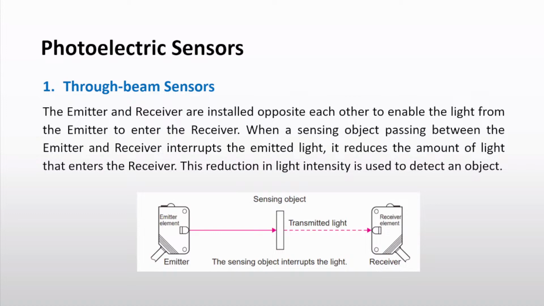In that case, here is the emitter, which emits the light beam, and here is the receiver. If there is no object, the light can travel from the emitter to the receiver. So wait, I will draw this.